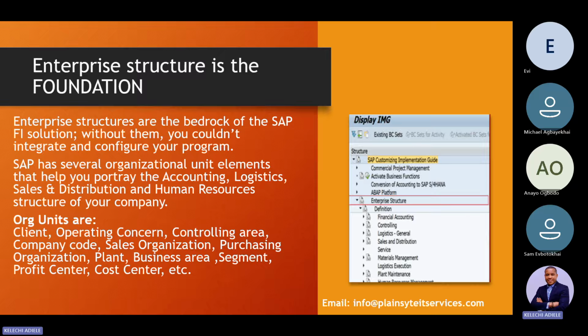So if you're in an interview and you say you configured a system and you don't mention enterprise structure, they will know you're just a joker. If you don't talk about how you mapped business processes and structures to enterprise structure, and how the enterprise structures flow down to finance, they will know you have never configured the system.